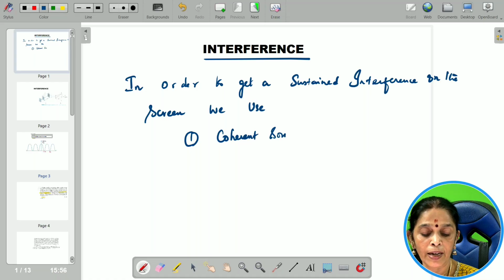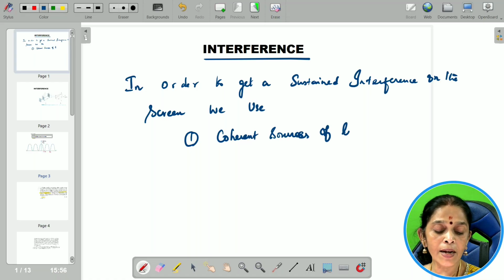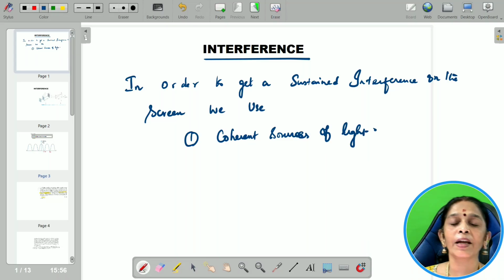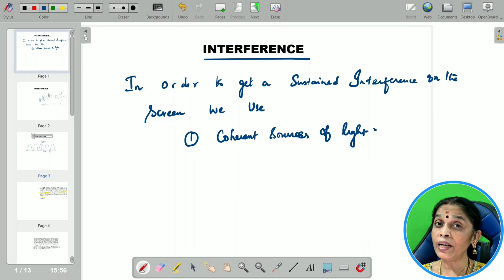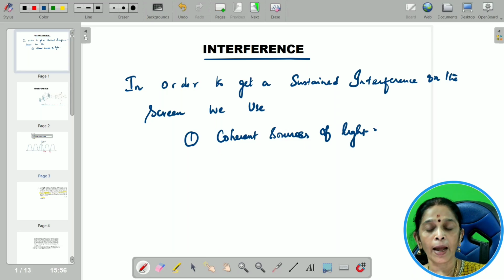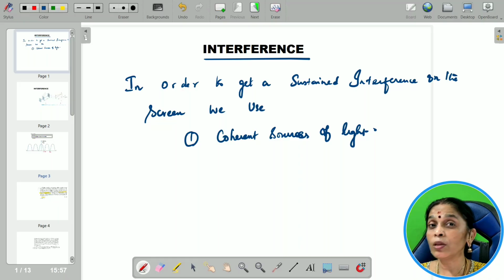Two independent sources cannot form a coherent source because they cannot maintain a constant phase in due course of time while they are traveling from different sources of light. So there may be a phase change.